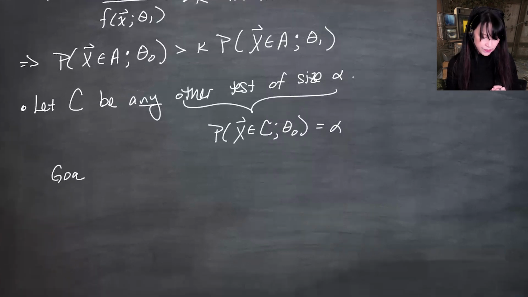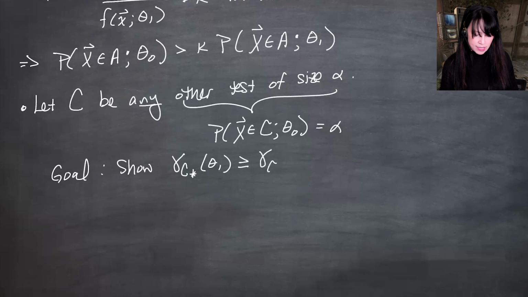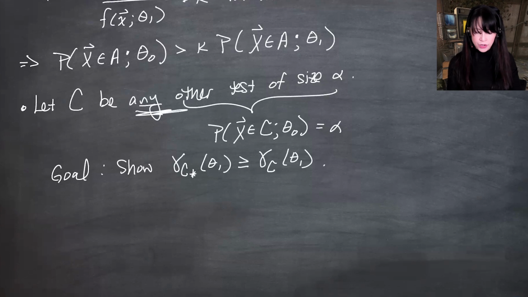And the goal is to show that the power function for the C star test when the alternate hypothesis is true, so this is the probability you reject when the vector x is in C star, when you should reject because the alternate hypothesis is true. We want this to be large. We want this to be greater than the same thing using any other test of size alpha.